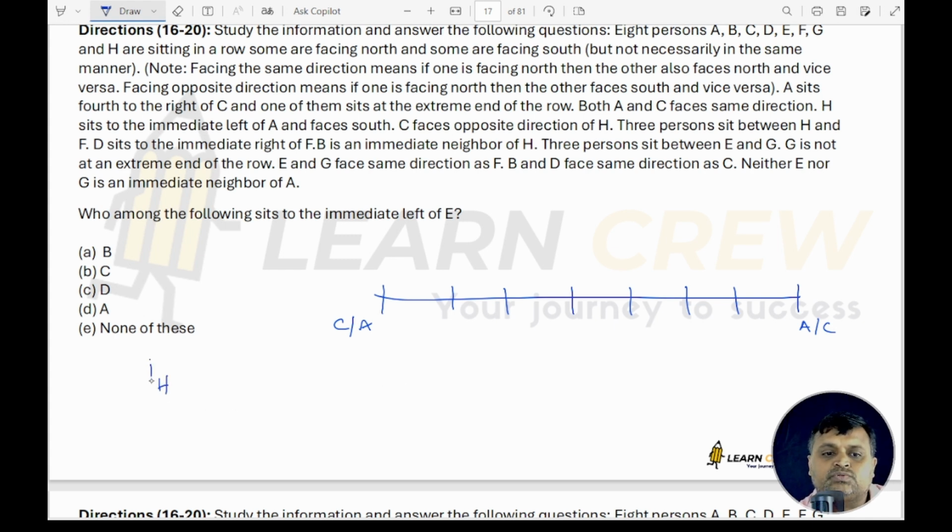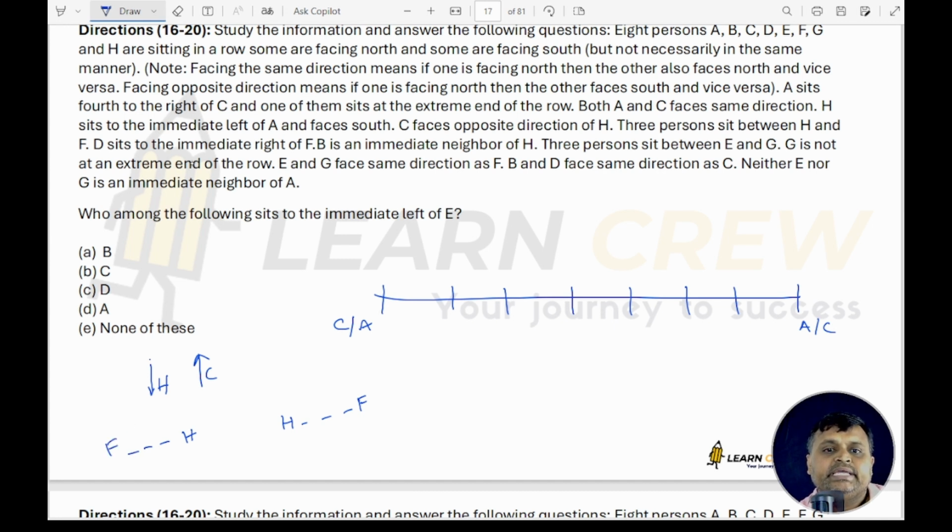Next, C faces the opposite direction of H, so C faces north. Next, 3 persons sit between H and F.